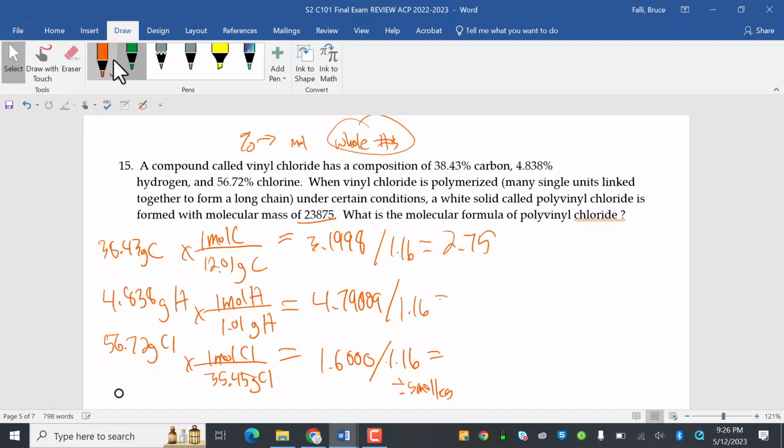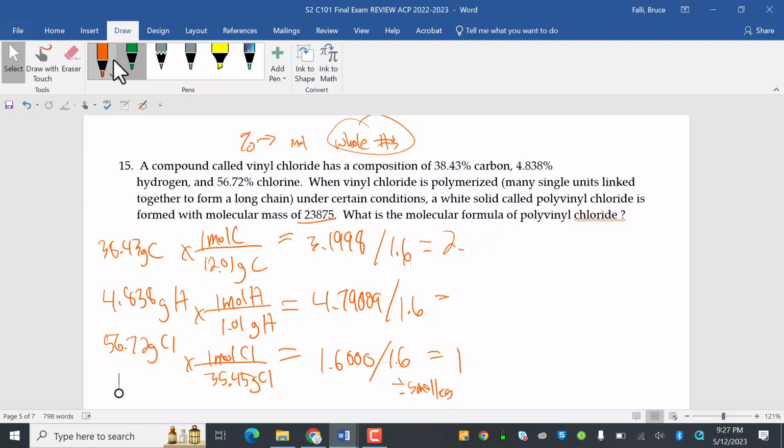Ugh. 4.79009 divided by 1.16 is 4.13. This is terrible. It's because it's 1.6. Welcome to me not being able to read. These should have come out to be either simple fractions or whole numbers, but I can't read my own writing apparently. 1.6 divided by 1.6 is 1.